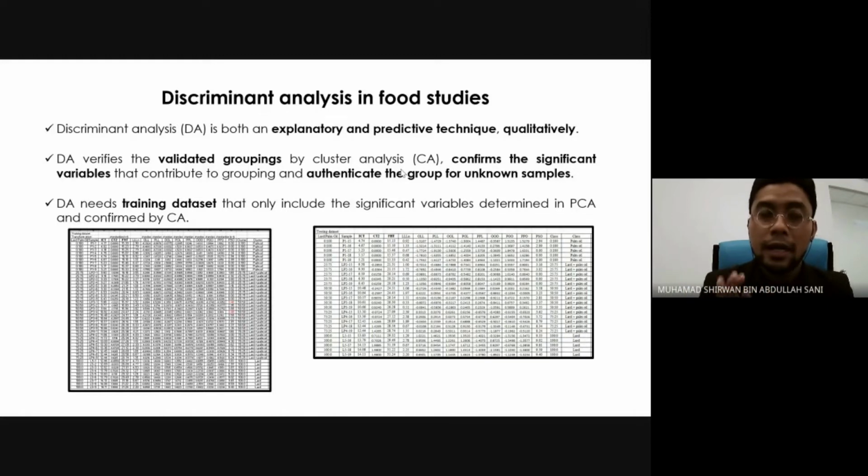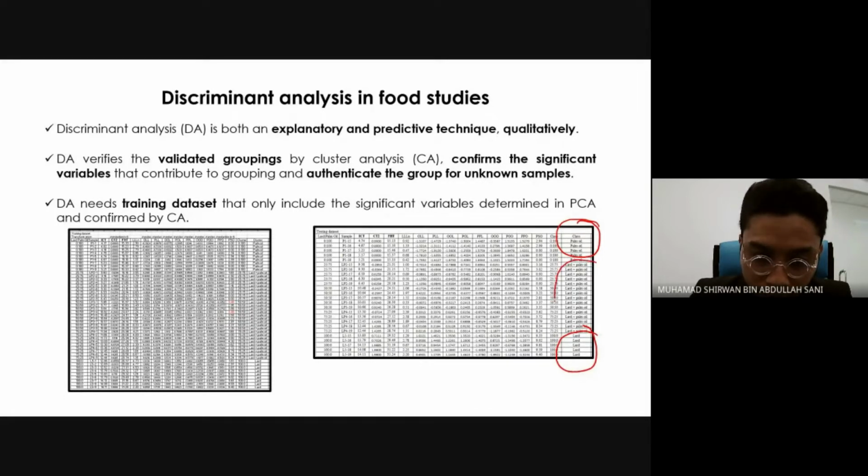For example, I have the same data that we have. For example, I prepare a palm oil fish feed, and then I also prepare a fish feed containing lard, and then I also prepare a fish feed containing mixture of lard and palm oil.